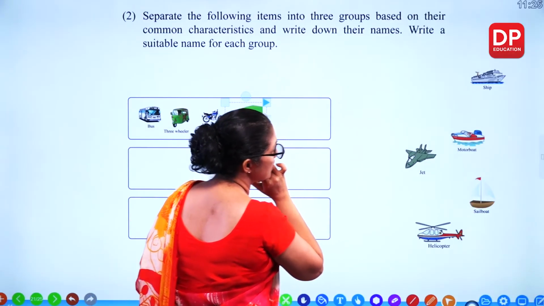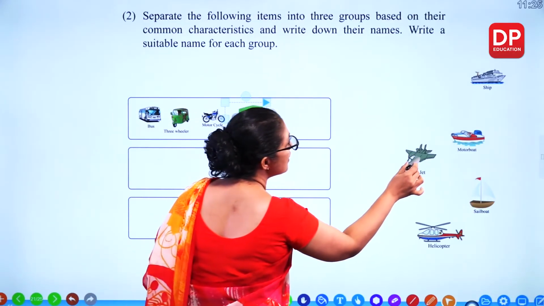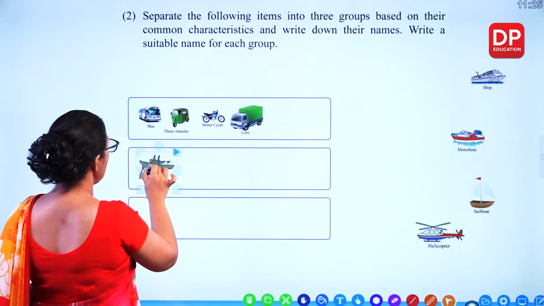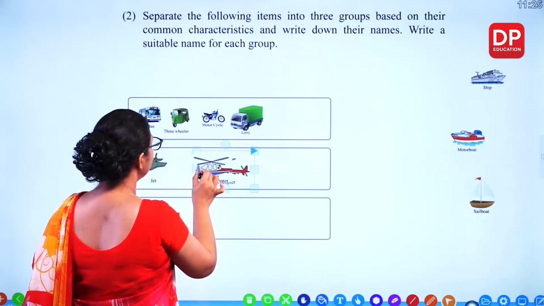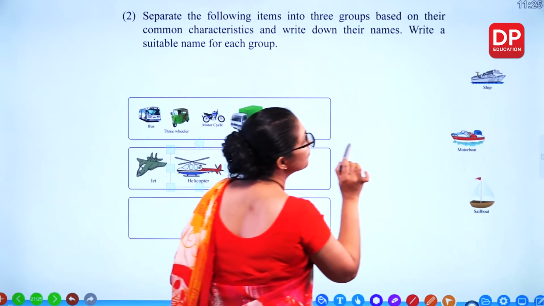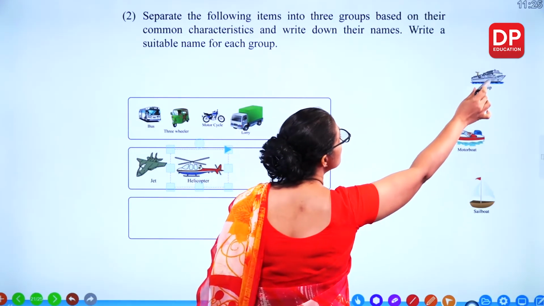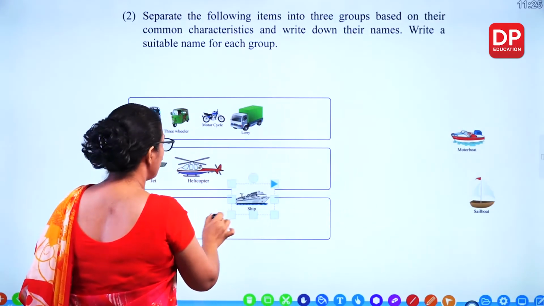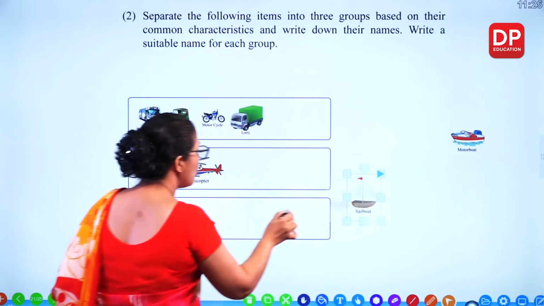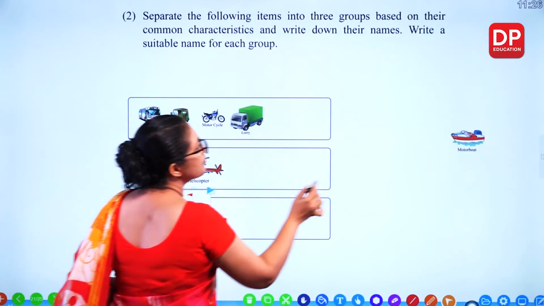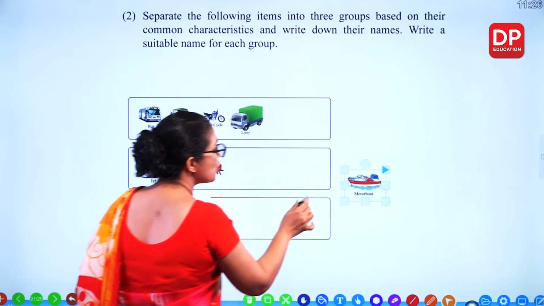What else? And we'll take jet into another group. Jet, helicopter, and these three into another group. Ship, sailboat, motorboat.